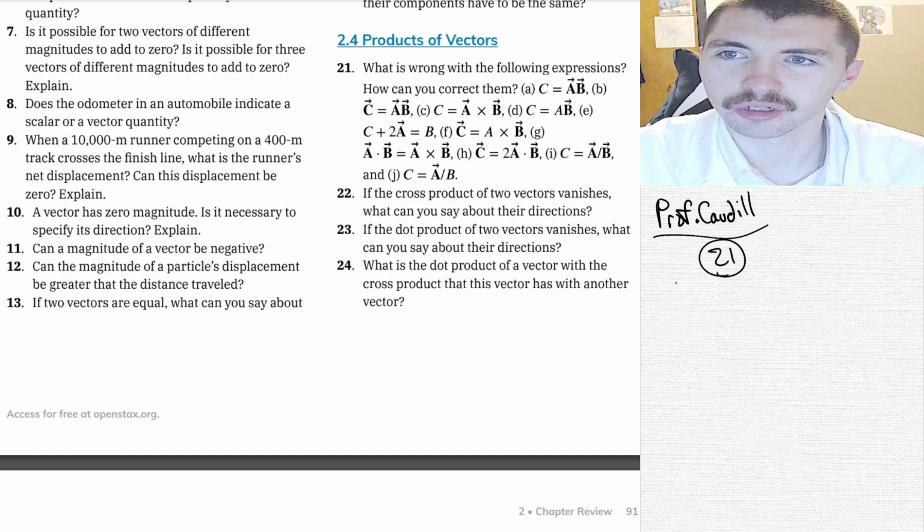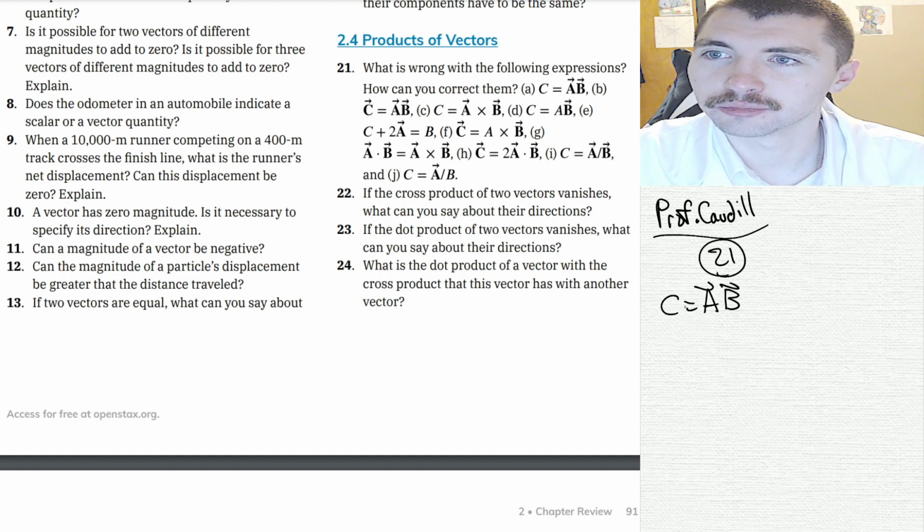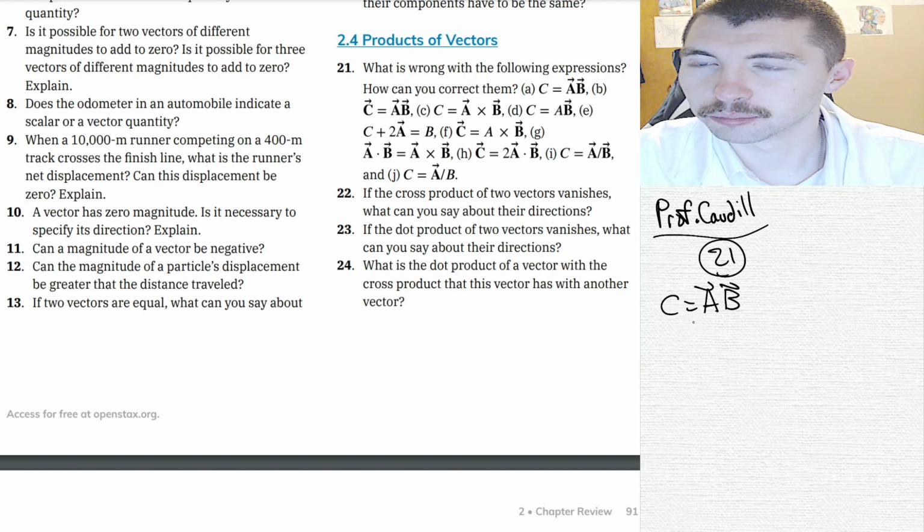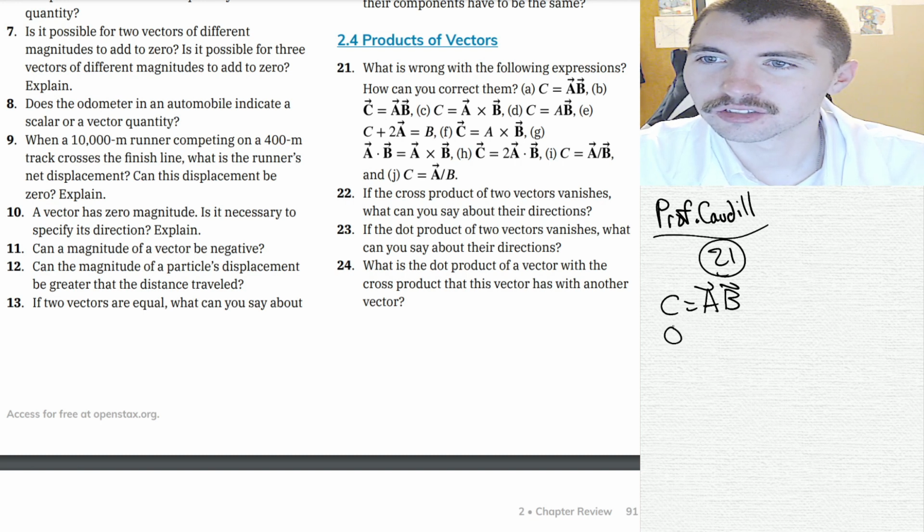What's wrong with the following expression? Magnitude of C equals these two vectors. The book probably says you can't do this, but if one of these is 0 and C is 0, then you could get 0.